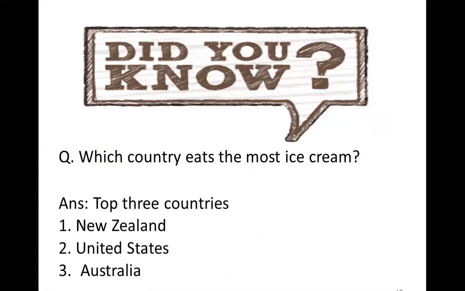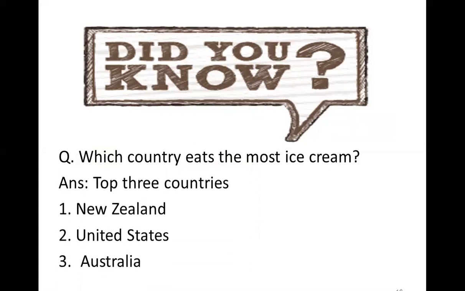So the top three countries which consume the most ice cream are New Zealand, United States, and Australia. If you see liter wise how much ice cream they consume every year, in New Zealand they consume 28.4 liters of ice cream per year.